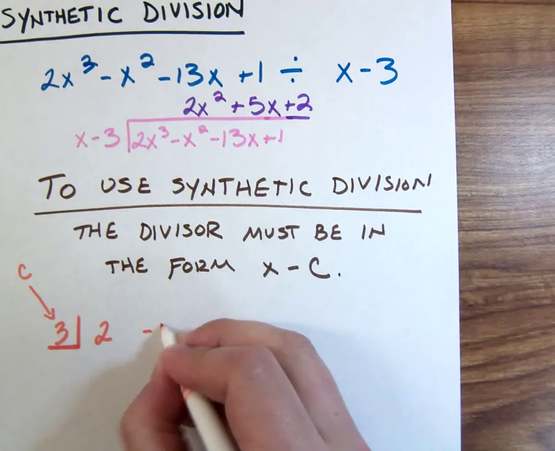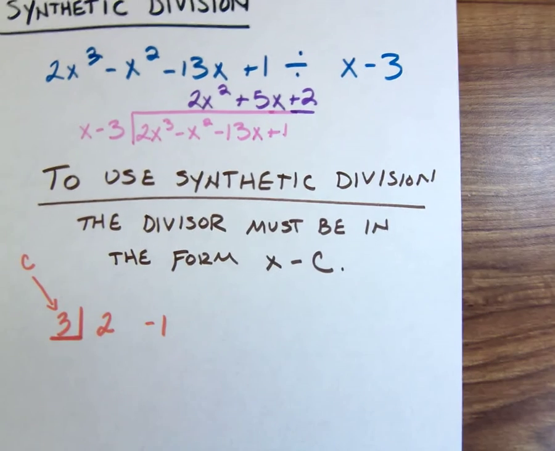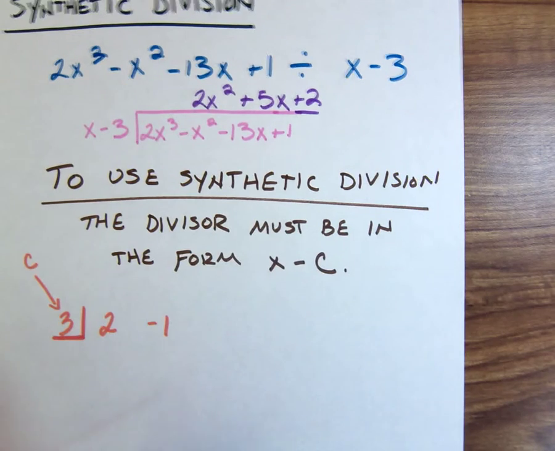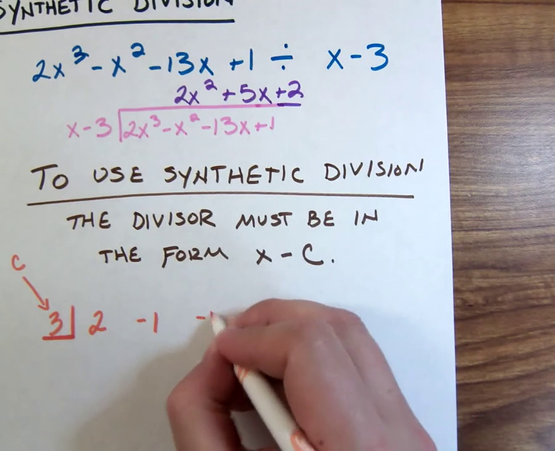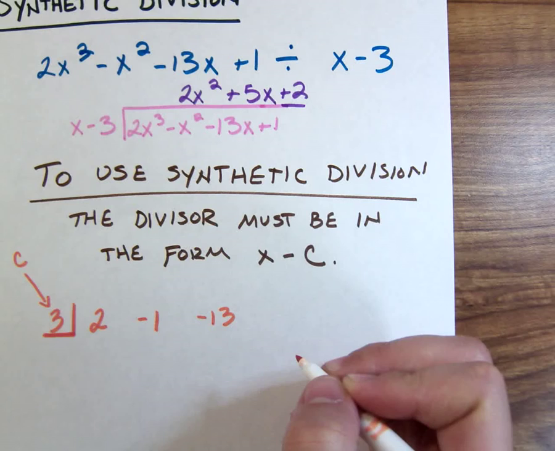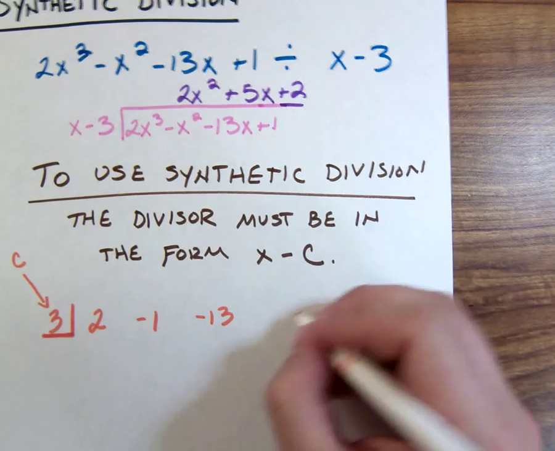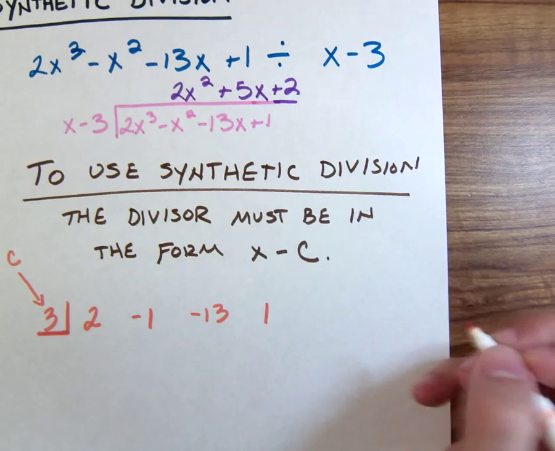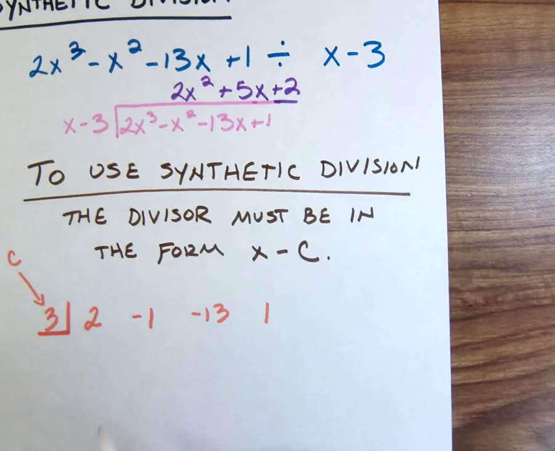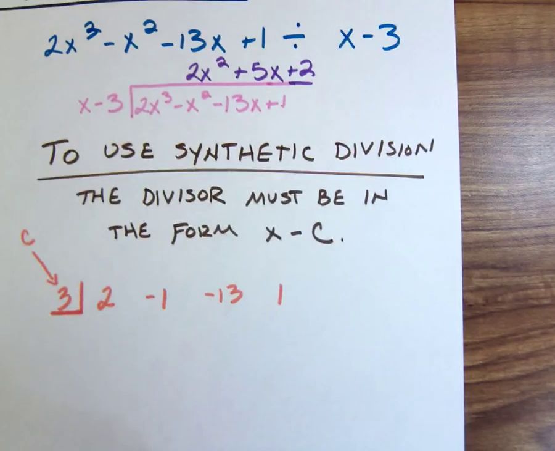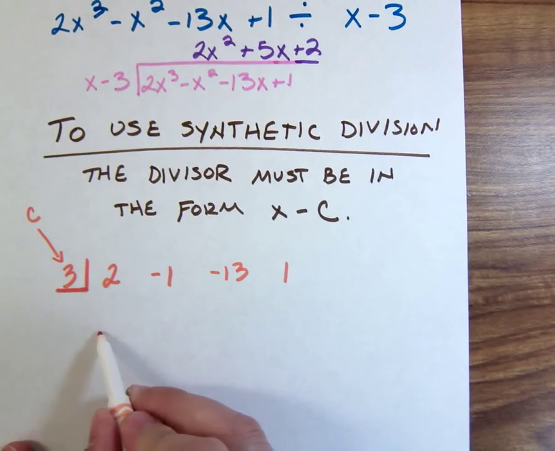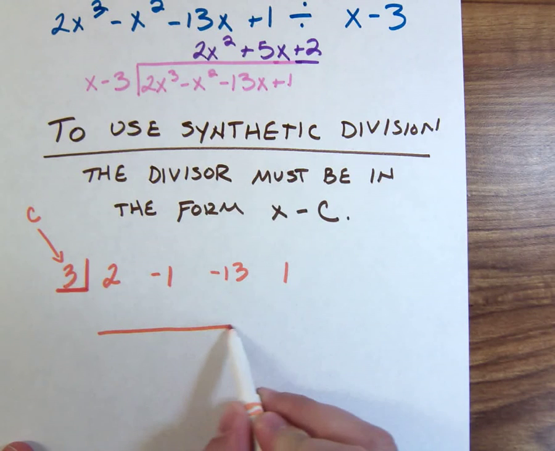That's negative 1. Remember, if there's no number, we use a 1. Then we got minus 13x, so we do minus 13. And then after that, a positive 1, so we do a 1. So that's what it looks like. And then we're going to draw a line right here.